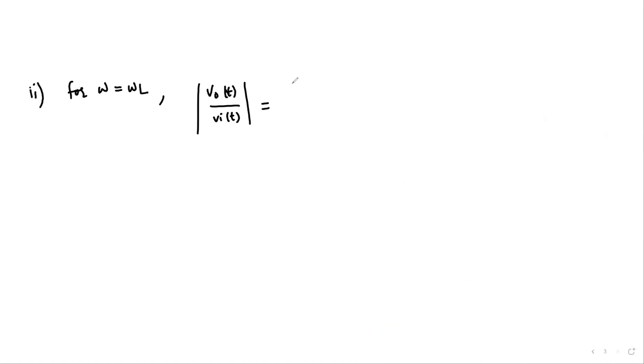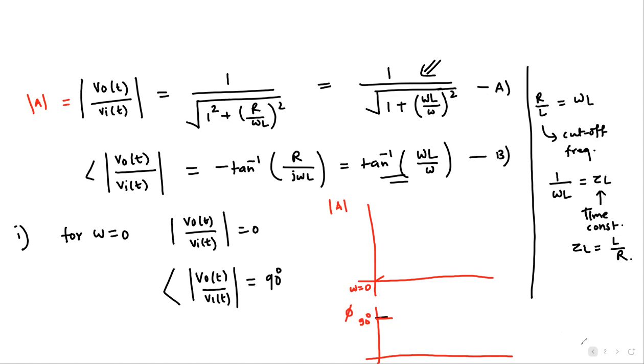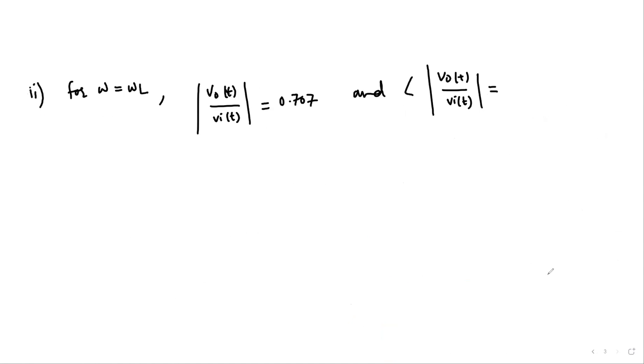So that comes out to be 0.707. All right, and the angle would be tan inverse of 1 with this equation. So tan inverse of 1 will be 45 degrees.